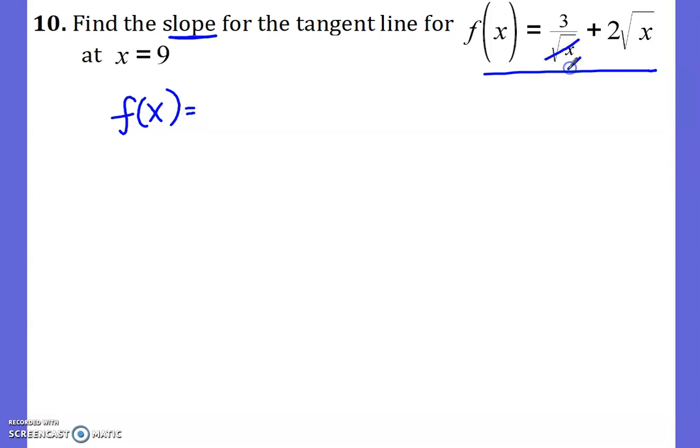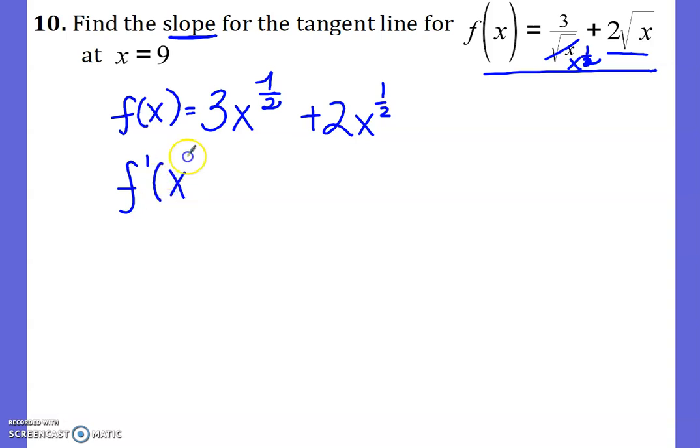This is really x to the 1/2. So when I move that up, it becomes 3x to the negative 1/2. And then this becomes 2 times x to the 1/2. So if I take the derivative, moving that out front, that's negative 3/2.